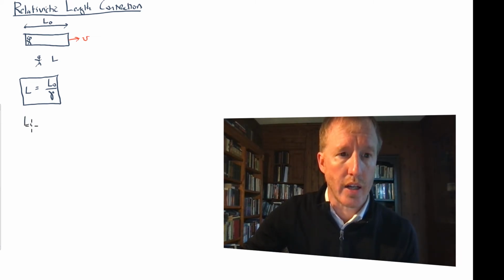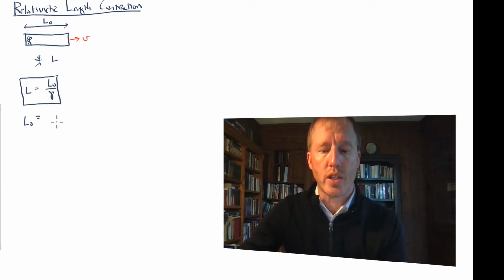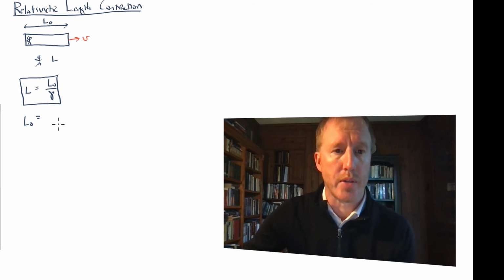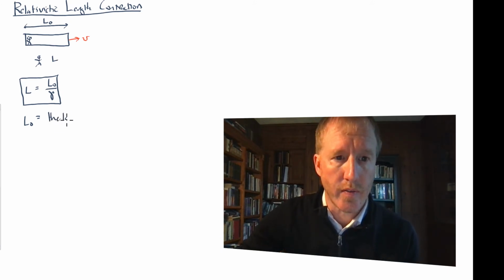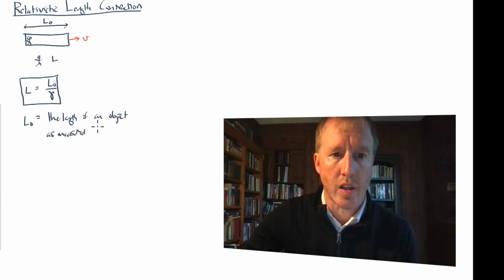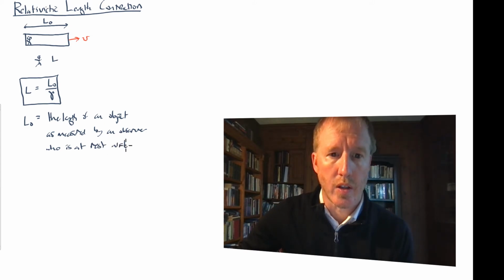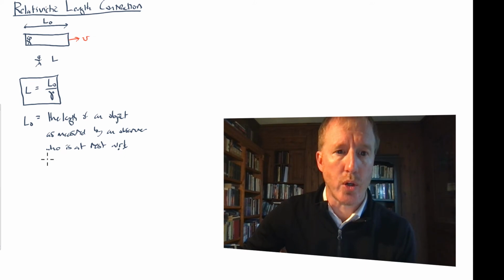So first of all, L naught, that was equal to the length of the object as measured by an observer who sits at rest with respect to the object being measured.